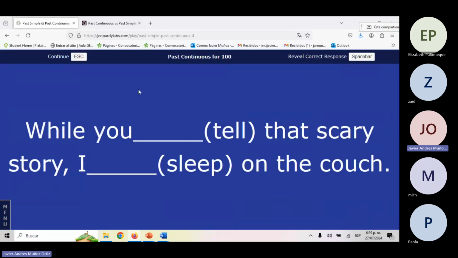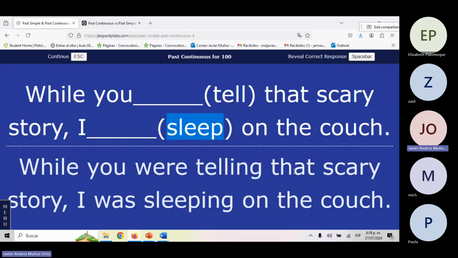In this case, we need to conjugate the verb in past progressive tense. While you were telling that scary story, I was sleeping on the couch. Right? Two activities were happening in the past in a parallel way.